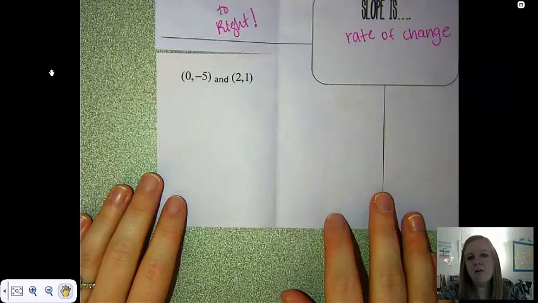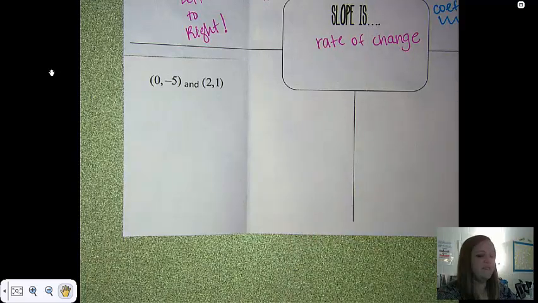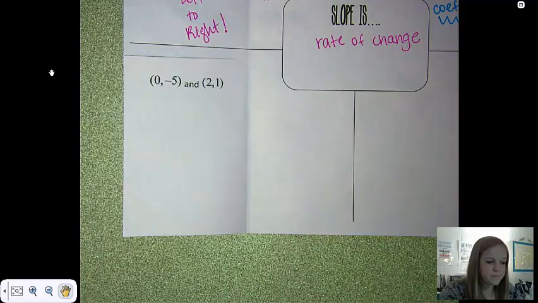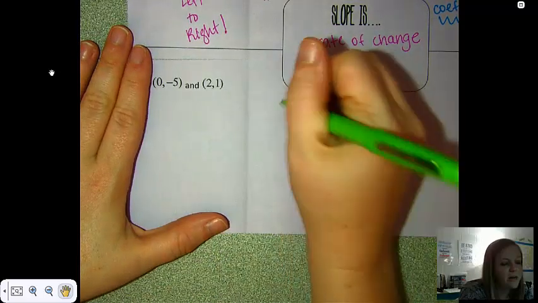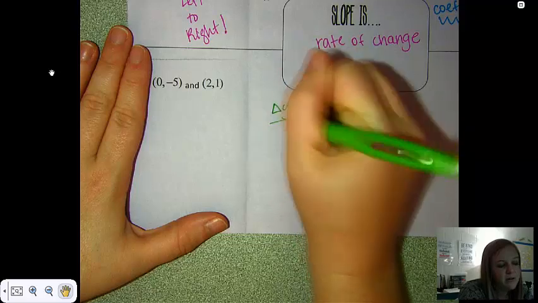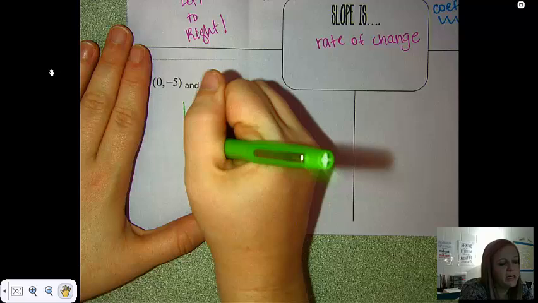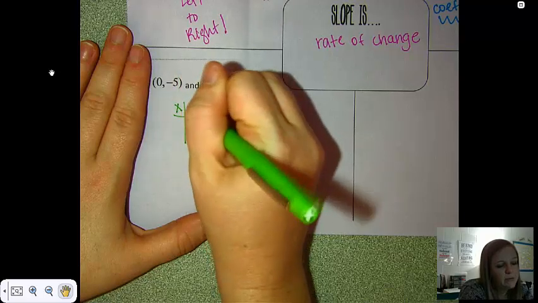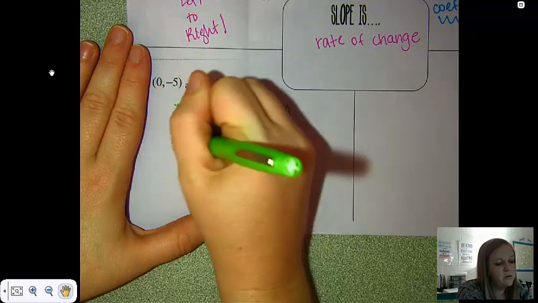Alright, now when we have 2 points, this is very similar to a table. When we have 2 points, we're still looking for our change in y over our change in x. So what's happening in between x and y? What we're going to do is make a table of our 2 points: 0, negative 5, 2, 1.